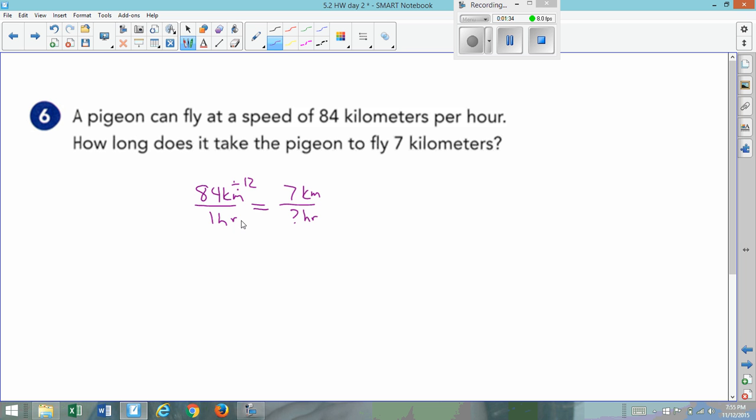So we would have to divide 1 hour by 12, and you get 1/12 of an hour. Now, if you were asked how many minutes, you would take 60 and divide it by 12 and you would say 5 minutes. So either of these answers are acceptable.